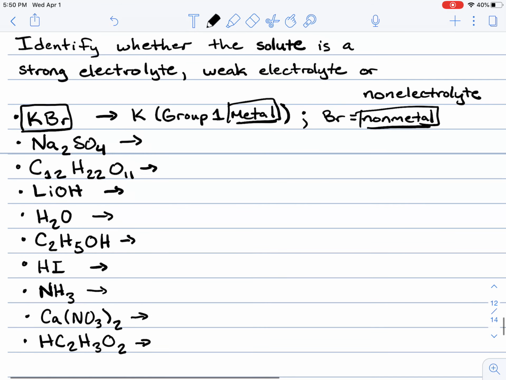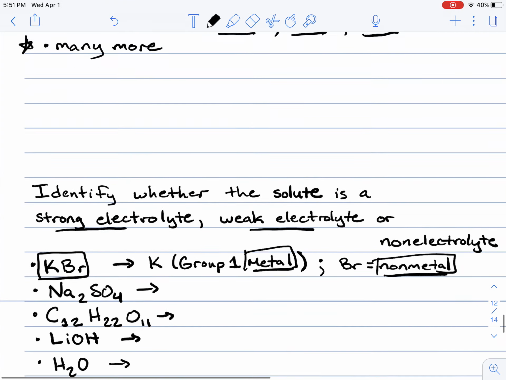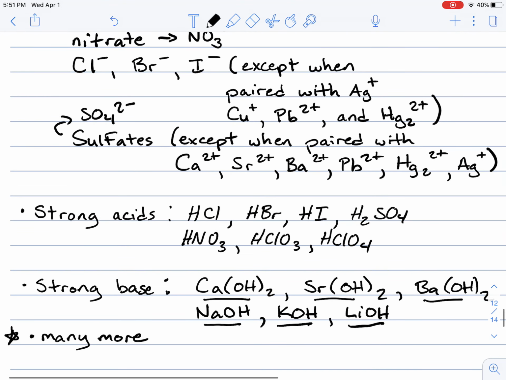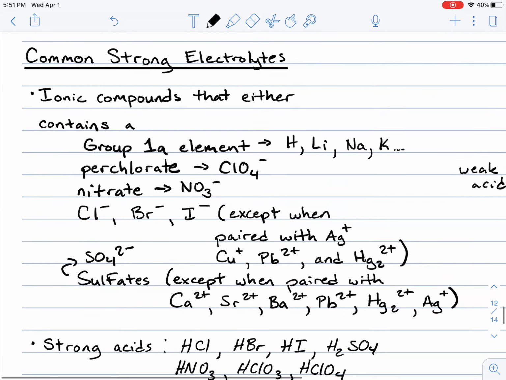And so now that we know that it's not a non-electrolyte, we need to determine if it's a strong electrolyte or a weak electrolyte. To determine that, we're going to use this chart. We're going to look at the first element, which is potassium.